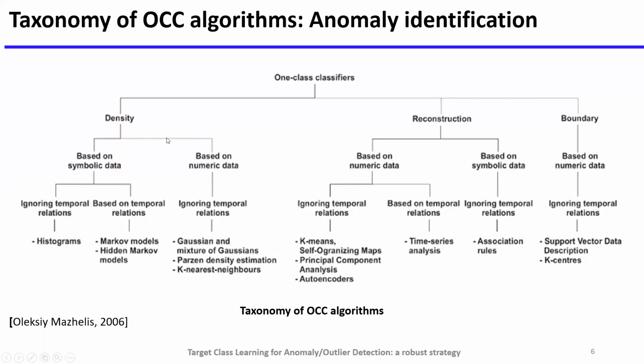If you talk about the density-based algorithm, as the name implies, the density-based methods are based on the estimation of the probability density function of the feature values in the complete feature space. If the second class is not at all available, that means in the absence of knowledge about the second class, the probability distribution function for the class can be assumed as uniform, and it works based on that.